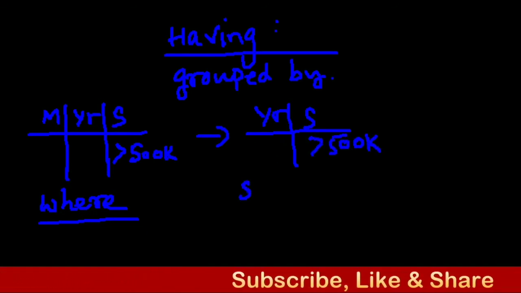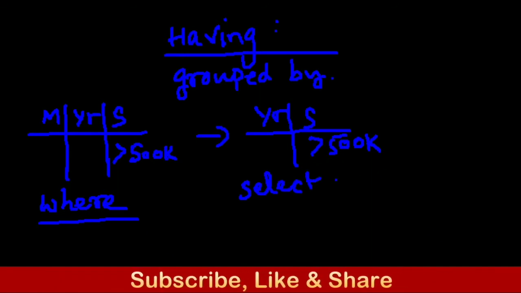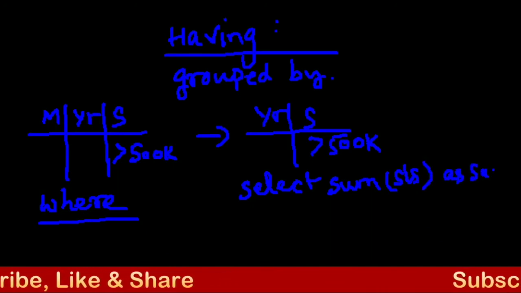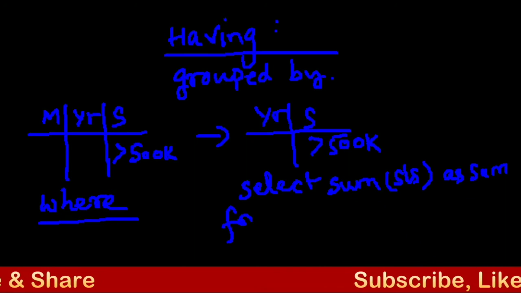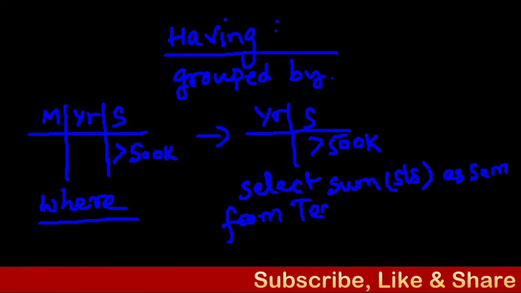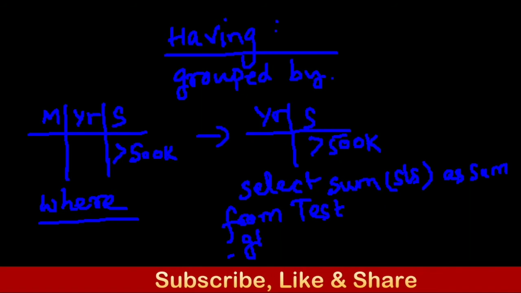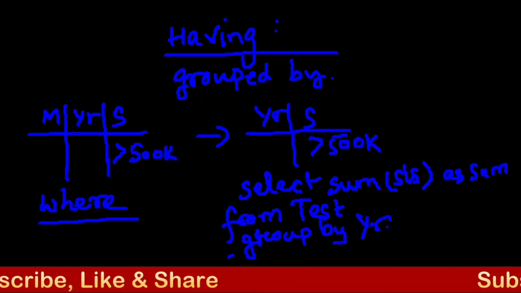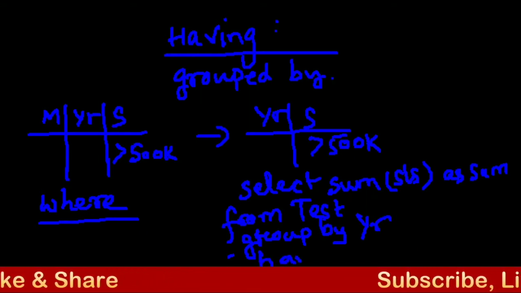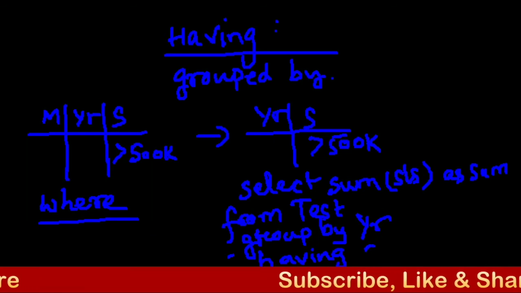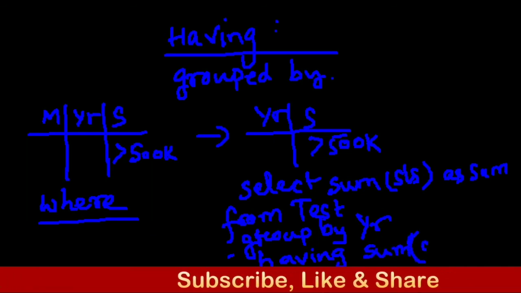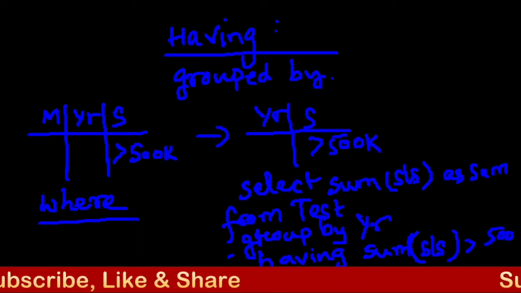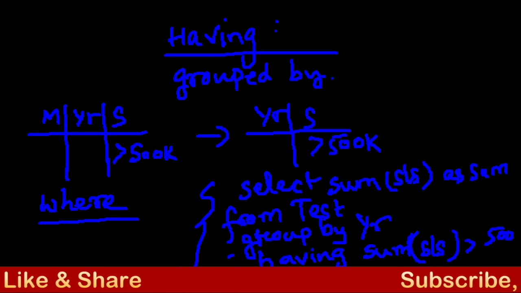In that case we have to write: select sum of sales as sum from the table name that we are using, maybe test, group by the column on which we are grouping, which is year, and here you could write HAVING sum of sales greater than 500. So that would give you all the results where sales at a yearly level is greater than 500.